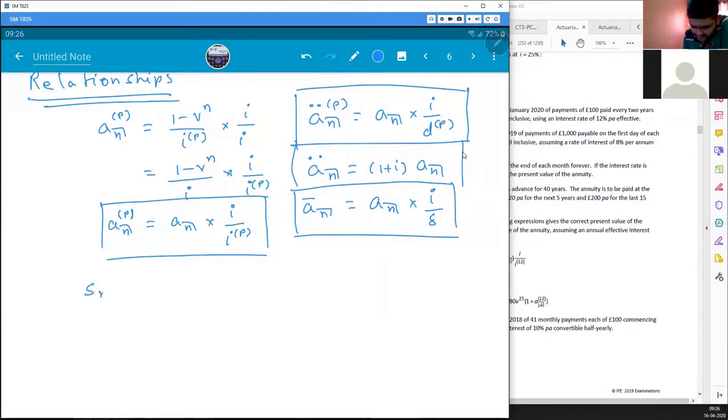So we'll have s-n payable p times will be s-n into i by i-p. S-due-n payable p times will be s-n into i by d-p.